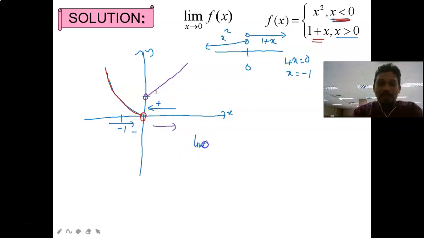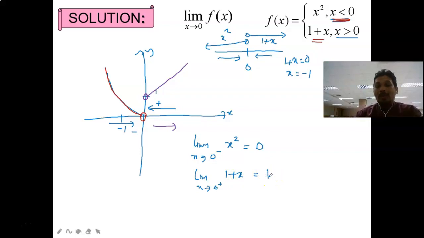Now the limit as x approaches 0 from the left: from the left the function is x squared, so 0 squared equals 0. And the limit as x approaches 0 from the right, for the function 1 plus x: substitute x equals 0 here, then 1 plus 0 equals 1.